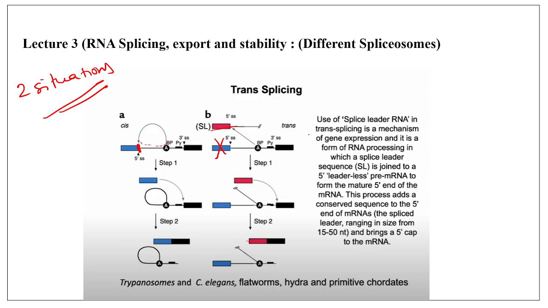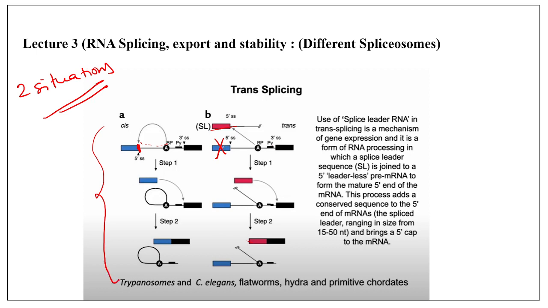What is written over here is that the use of splice leader RNA in trans splicing is a mechanism of gene expression, and it is a form of RNA processing in which the splice leader is joined to a 5' leaderless pre-mRNA to form a mature mRNA. No need to go through this process in detail, you can just read it out. The only thing you have to understand is that in cis splicing, nothing from outside comes. It is the normal kind of splicing that we are studying.